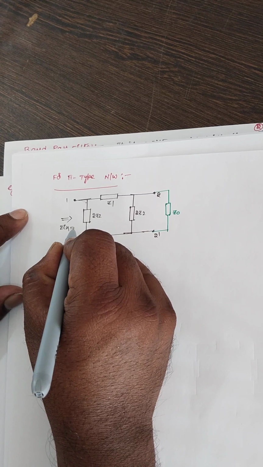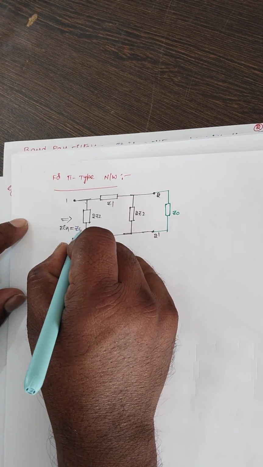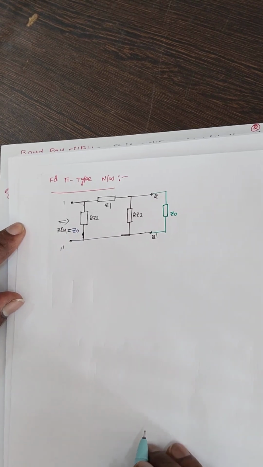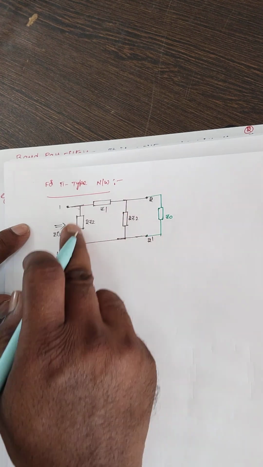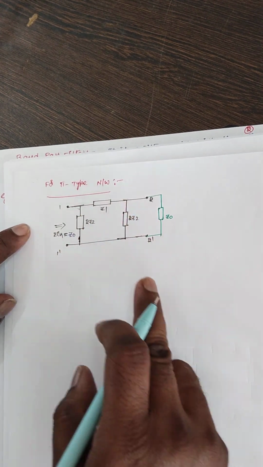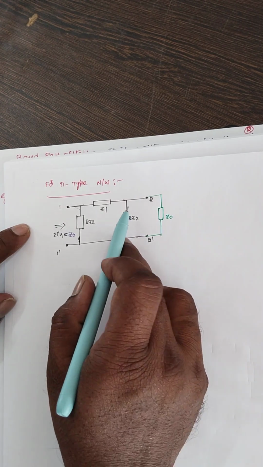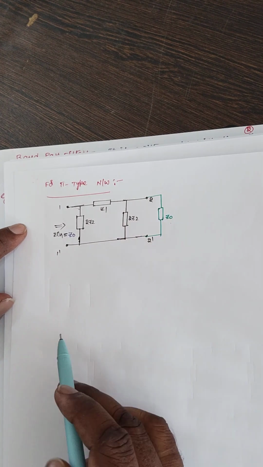Then the input impedance is equal to the characteristic impedance, that is Z0. So the input impedance of an infinite length transmission line is nothing but the characteristic impedance. This line can be called an infinite length transmission line if it is terminated with Z0.